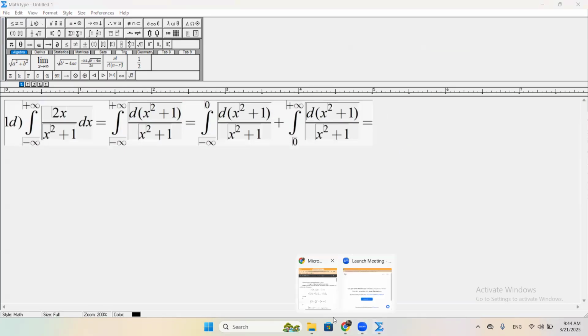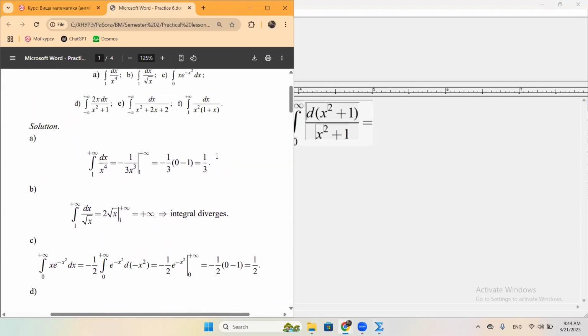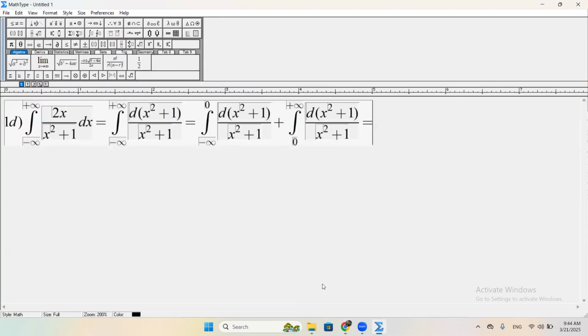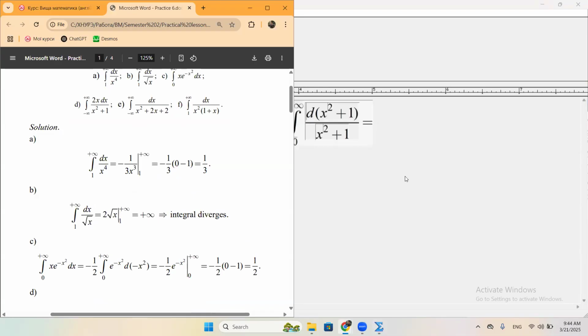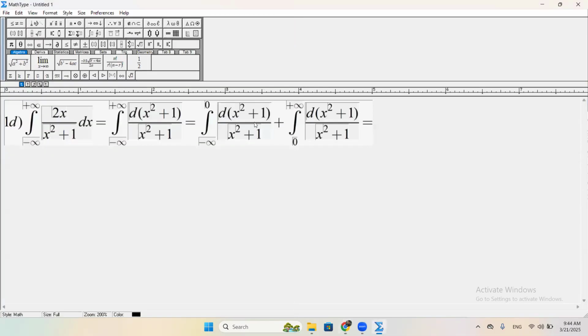Now, let me check how I did here. So it's better, for better explanation, to show it and write in details, no skipping.